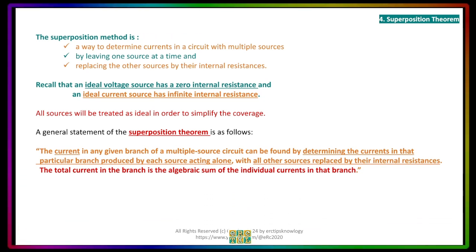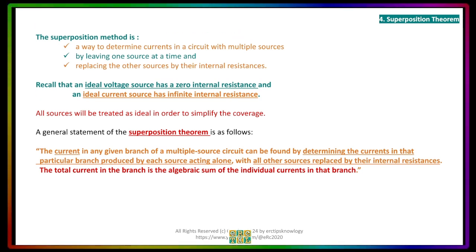And after you finish that, it does not mean you have calculated the current of that resistor, because you will have to repeat the same way, but this time the source that you canceled before will now be used, and the source that you did not cancel will be the one canceled or removed in the next procedure.